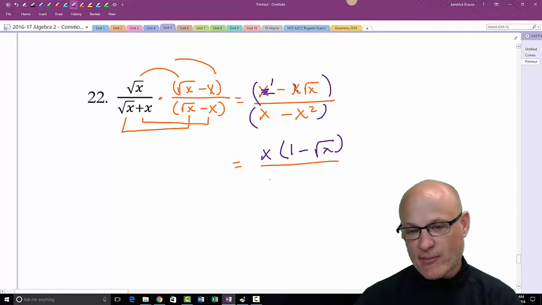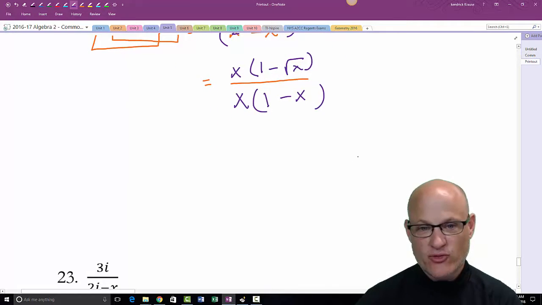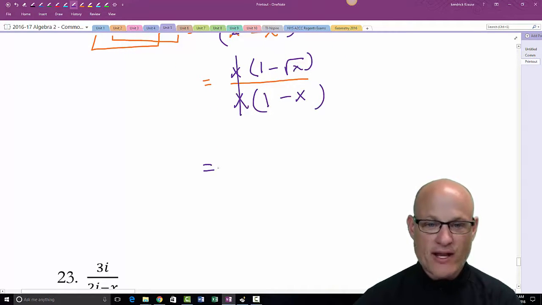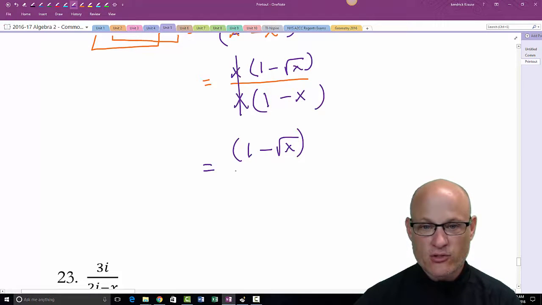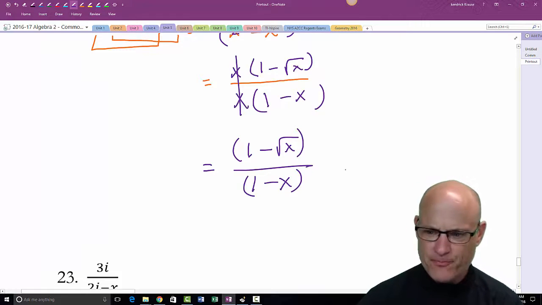What can I take out of the denominator? Oh, I can take out an x. I'm left with 1 minus x. Well, wait a second now. Those x's cancel. So my final answer here is 1 minus the square root of x all over 1 minus x. And those are not the same thing, so don't cancel them.